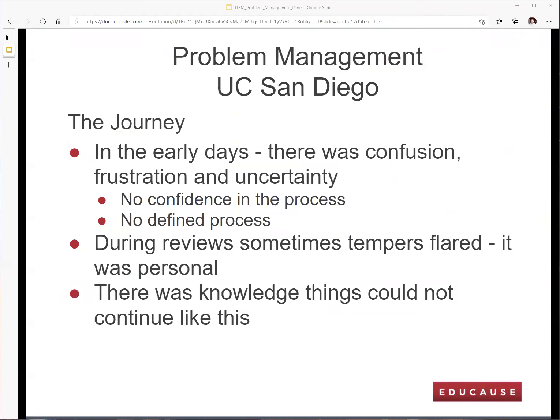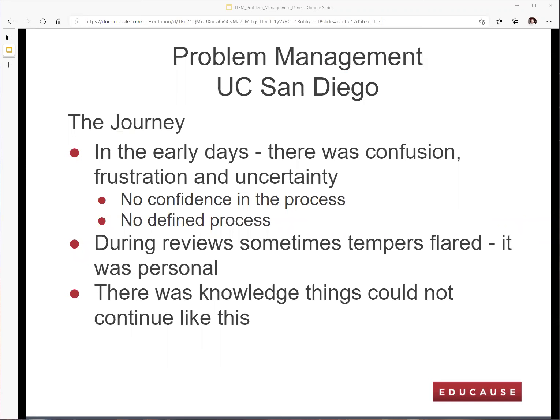So I thought it would be worthwhile starting with the journey, how things got started. And essentially, I don't think this is very different from any other organization. Basically these things here: having confusion, either no process or no defined process, or a lack of confidence in the process.